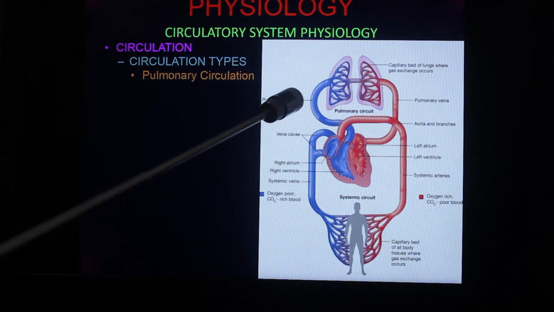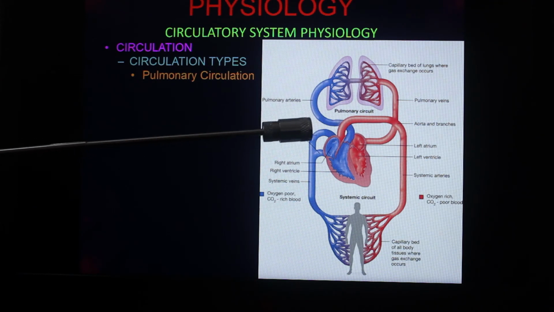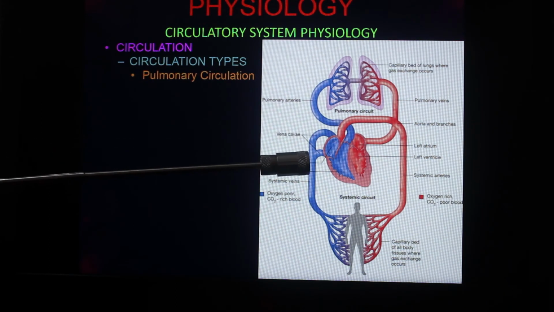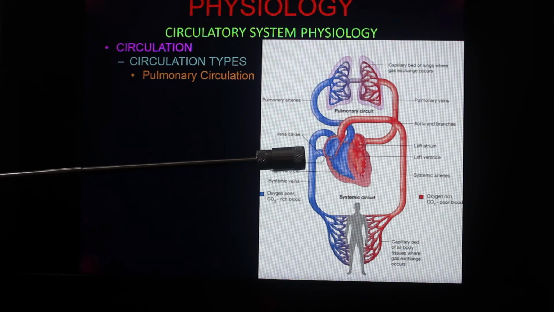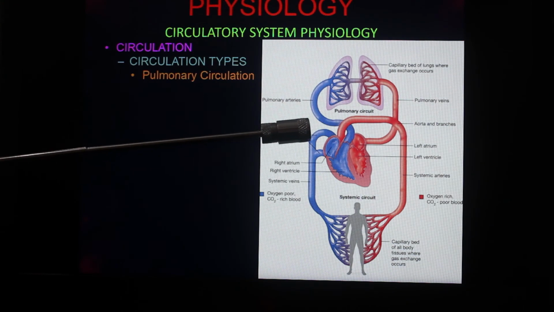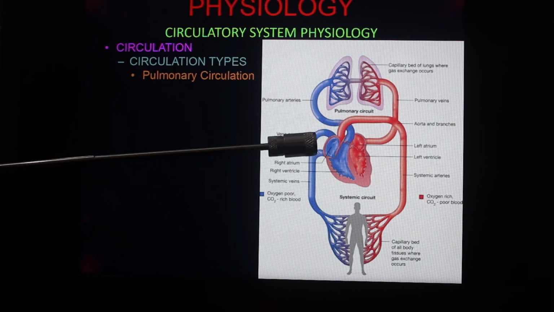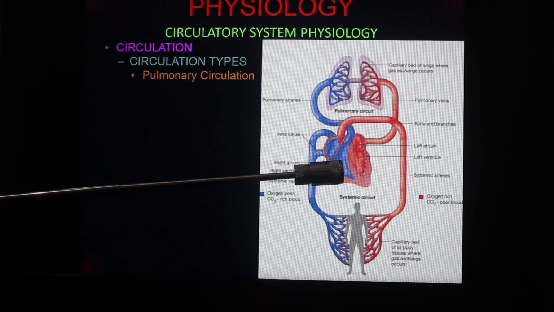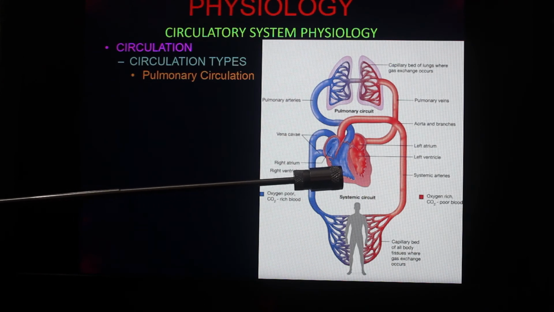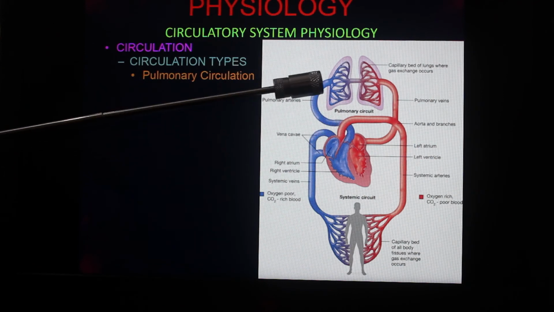Here you can see schematically the superior vena cava and the inferior vena cava. One is bringing the hypooxygenated blood from the head, and the other is bringing the hypooxygenated blood from the torso. They meet in the right atrium, and as the right atrium contracts and spills the blood into the right ventricle, the right ventricle then contracts and spills the blood into the pulmonary artery.